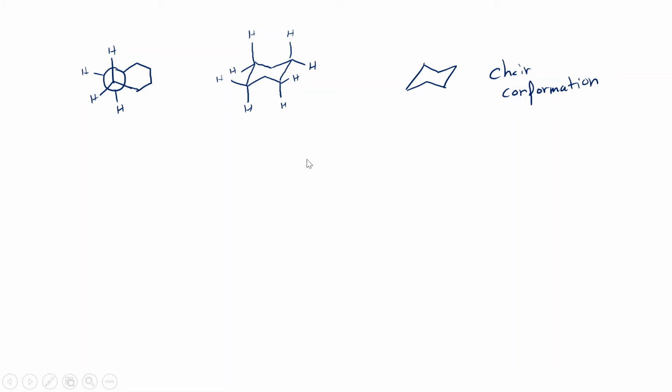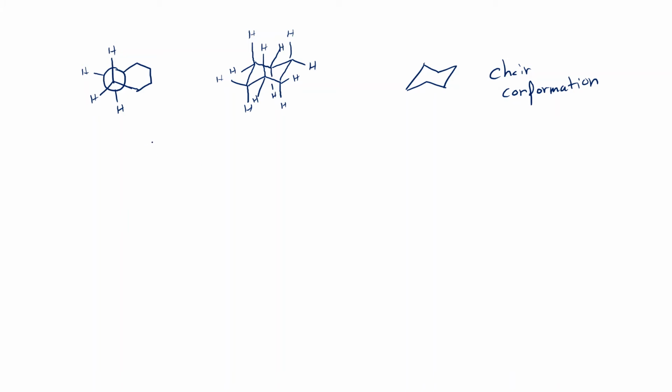What this does is it sets up every position on this molecule, so there are only certain places that the other groups can go. In each position, we have two other groups that have to go into these other two positions that would be on the Newman projection. And so a chair conformation looks like this.